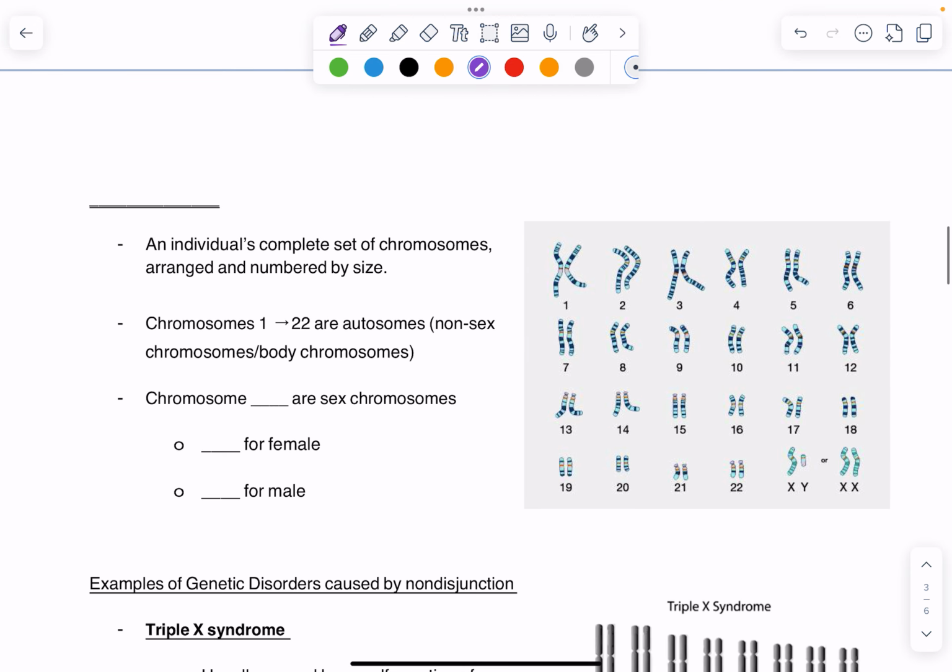And so we can use charts and data to track genetic disorders, and we look at these visuals called karyotypes. A karyotype is just a chart of the chromosomes of an individual, arranged and numbered by size. So everyone has the same relative chromosome 1.